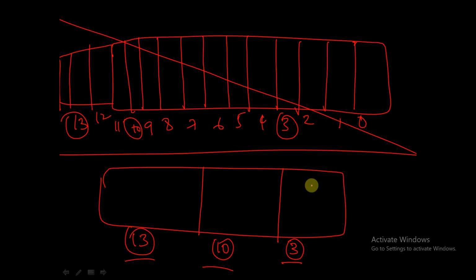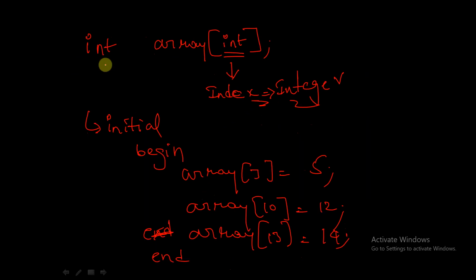This is the difference between associative arrays and other types of arrays. Suppose I have created a dynamic array like this, int array_dyn, kept empty, and within an initial block, array_dyn is equal to new of, and I should give the number of locations explicitly, let's say 10.